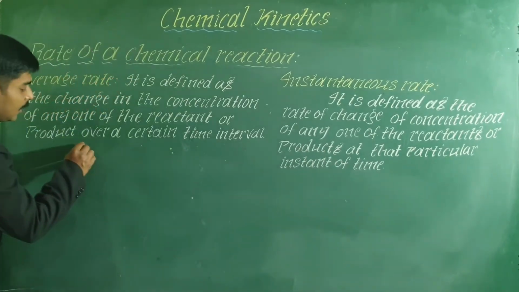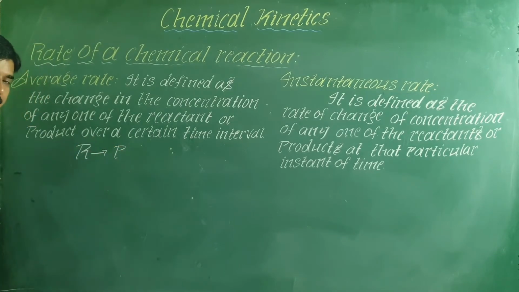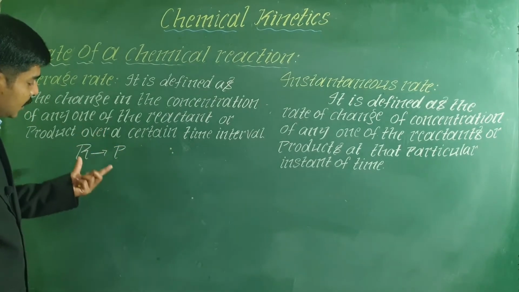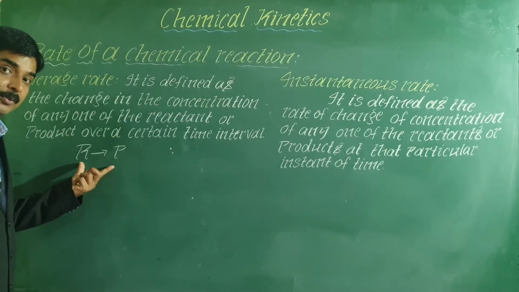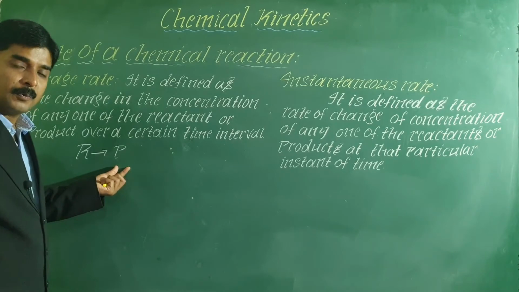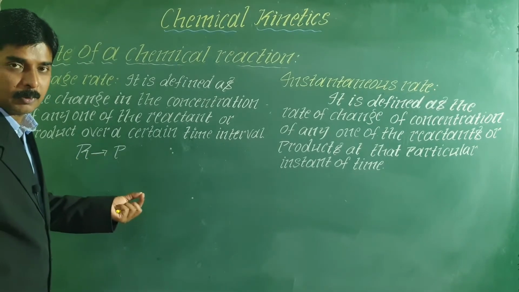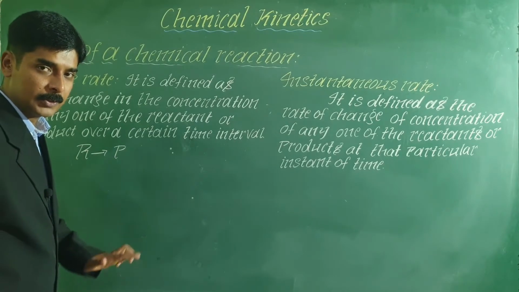Before that, for a reaction of the type R gives P, you can measure the average rate of the reaction with respect to reactant R or with respect to product P. Whether you measure with respect to any one of the reactants or any one of the products, the rate of a reaction will remain the same.